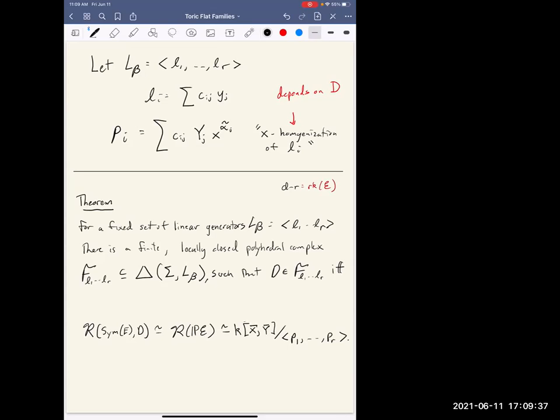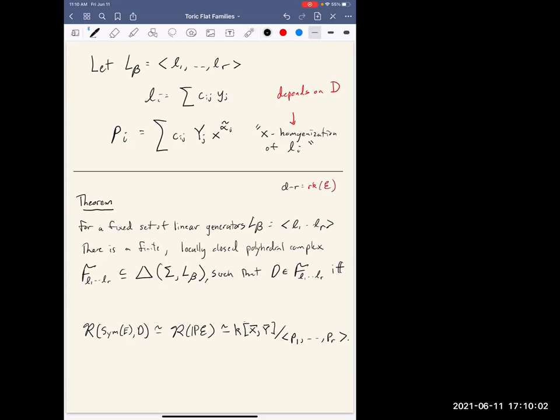So the theorem is that if you start with a fixed set of linear generators, then there is a finite locally closed polyhedral complex inside the space of diagrams such that a diagram is in that complex if and only if the Cox ring of the corresponding projectivized toric vector bundle is presented by these expected generators.